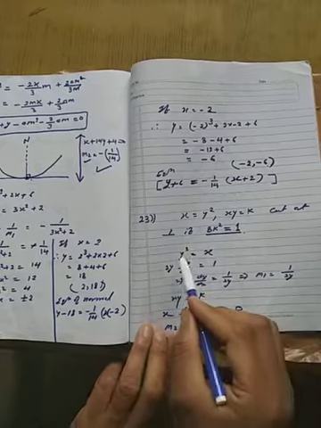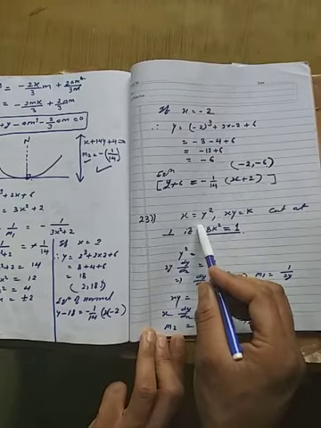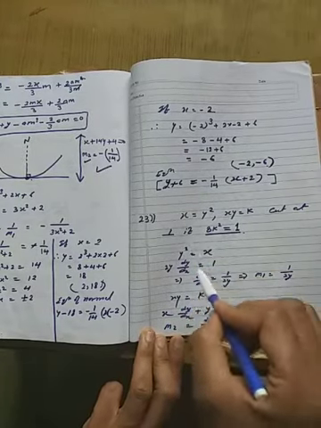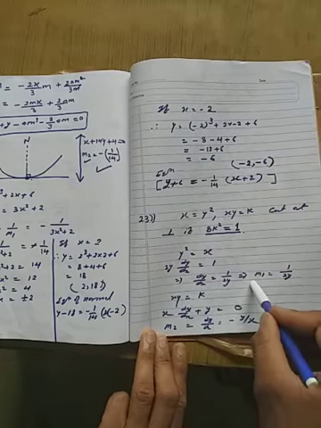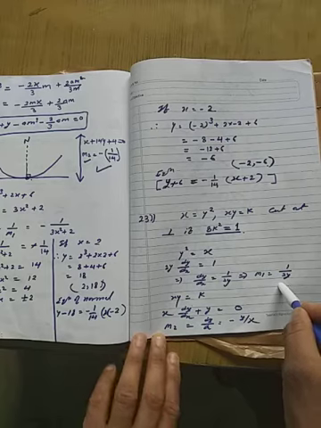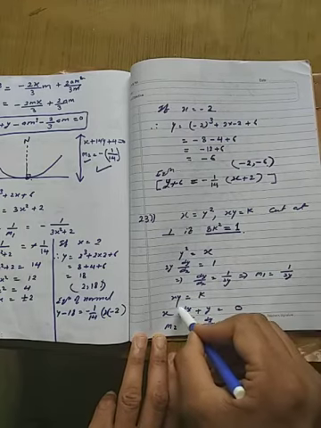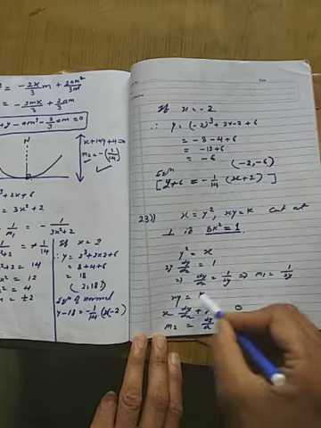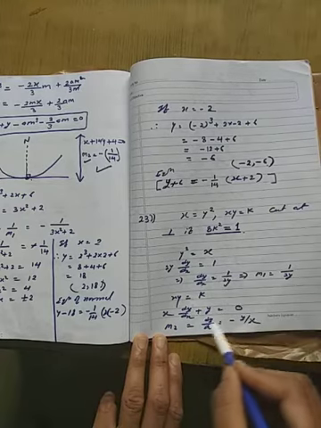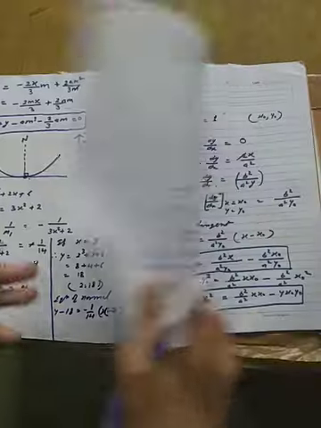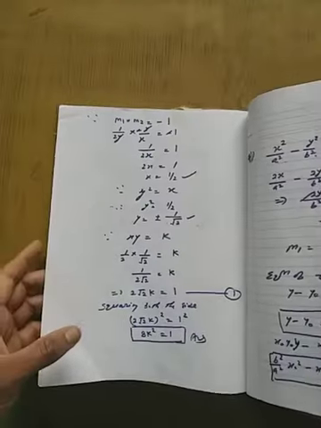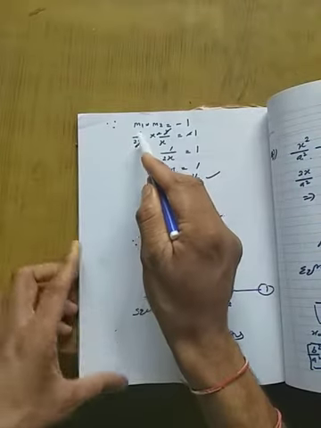At first I will find the slope of the tangent corresponding to the first curve, which is m1 equals 1 upon 2y. Similarly, the slope of the tangent of the second curve is m2 equals minus y upon x.